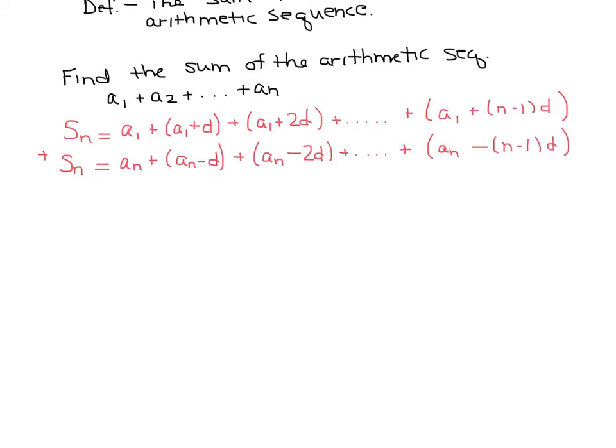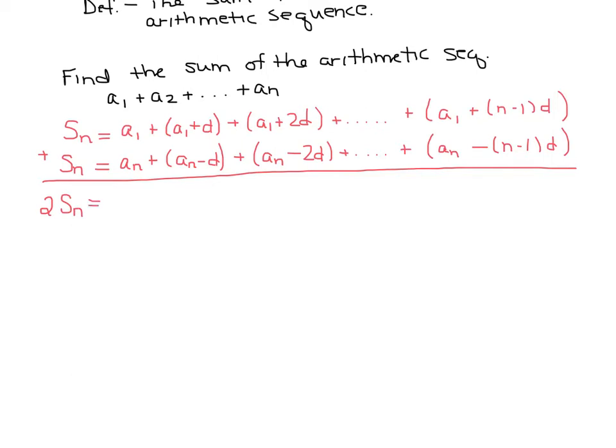Take a minute to look at that. I know that this is not a natural thing for you to go and say, oh yeah, I would have done that, but try to follow along. By us doing this, if we add these two sums, we will get 2 S sub n.